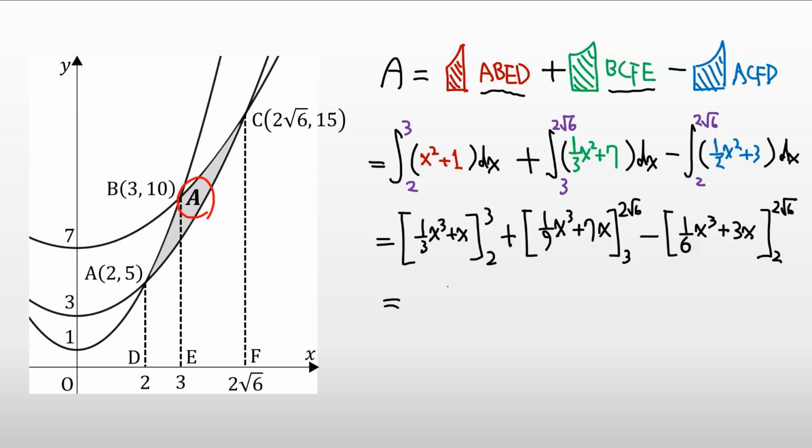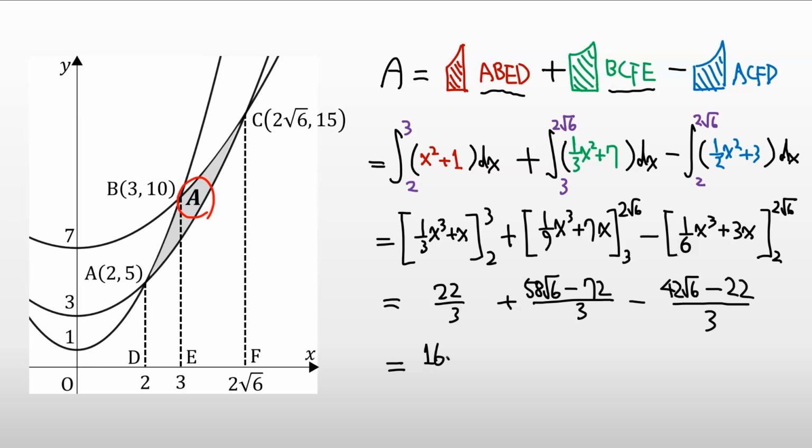If we calculate all this, for the first one we have 22/3, for the second one we have (58√6 minus 72)/3, and for the third one we have 42√6 minus 22/3. And if we calculate this, we have 16√6 minus 28/3. And this is the area of this region.